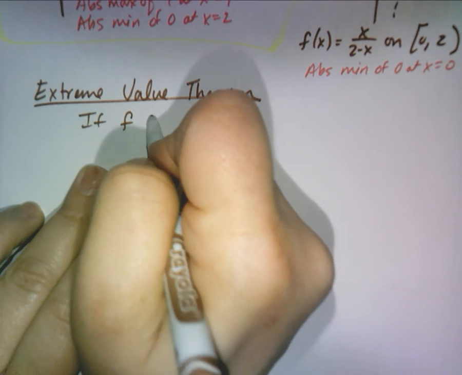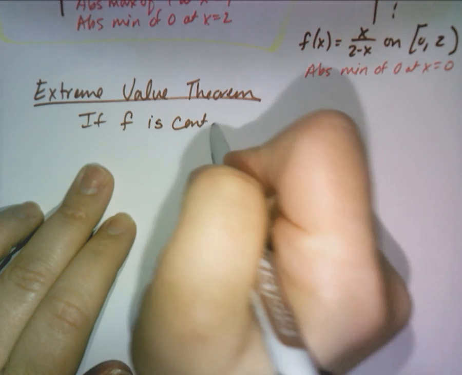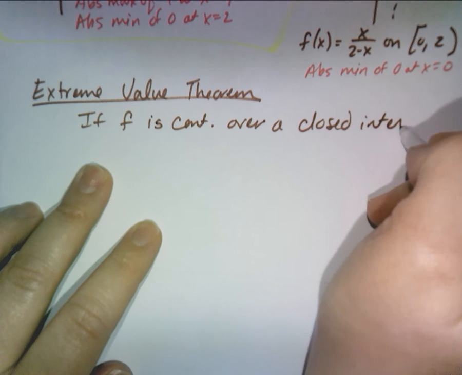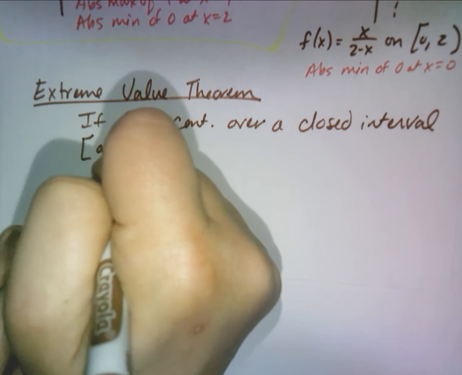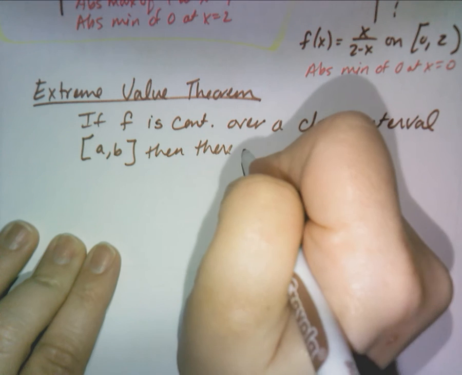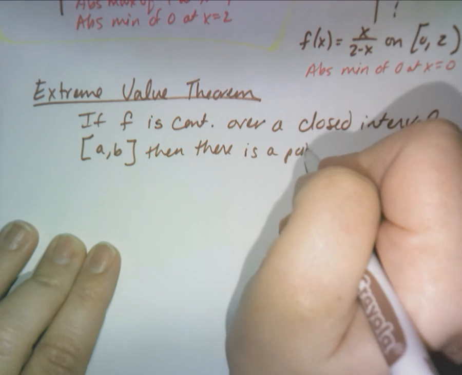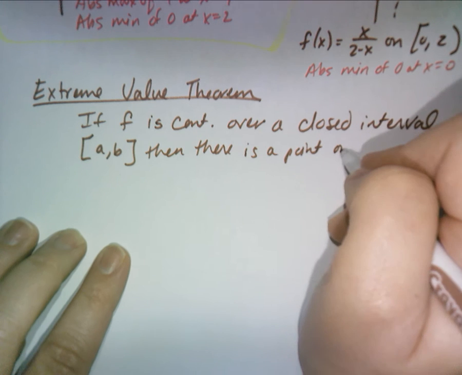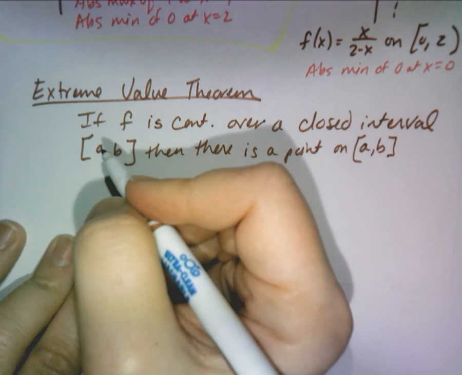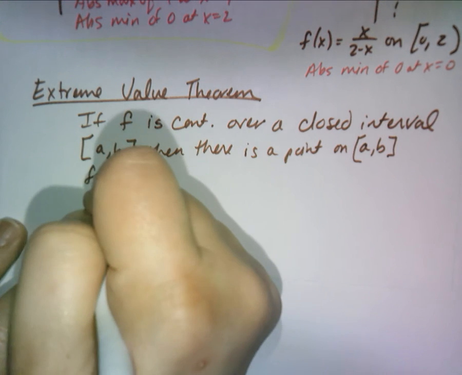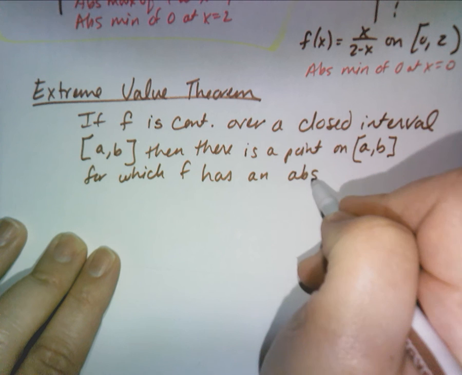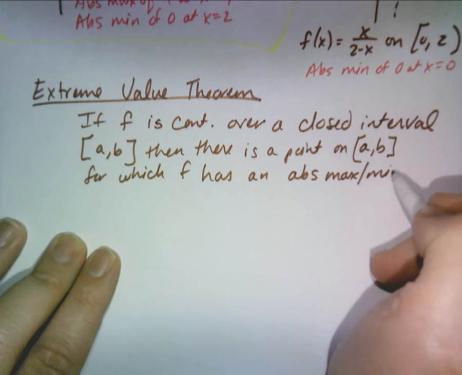So if f is a function and it's continuous over a closed interval [a, b], then there is a point on [a, b] for which f has an absolute max or min over [a, b].